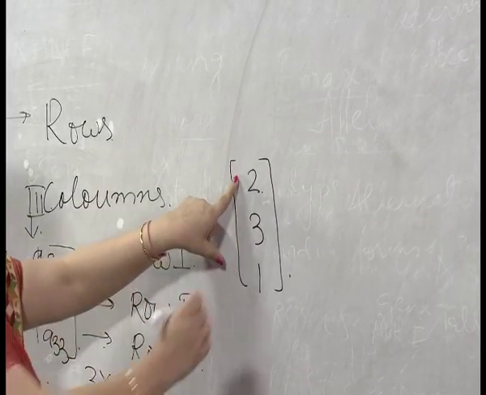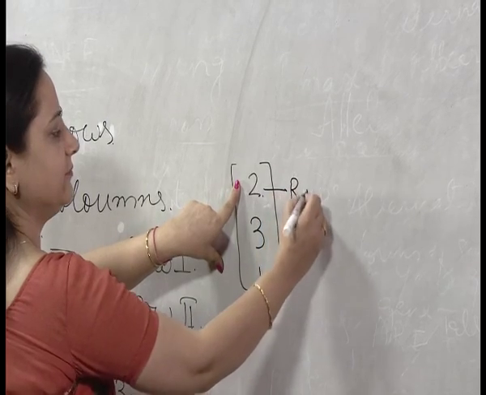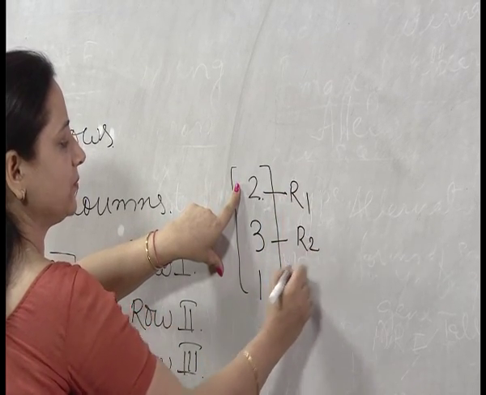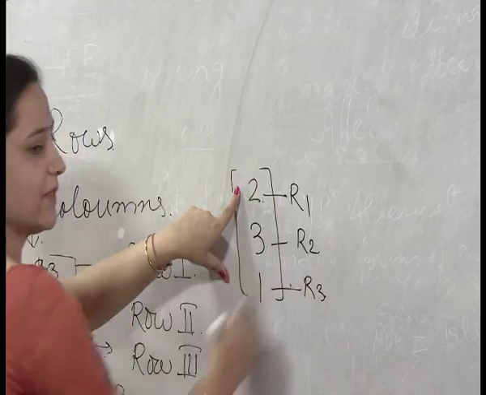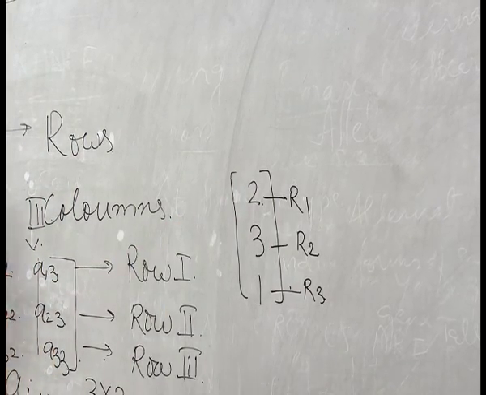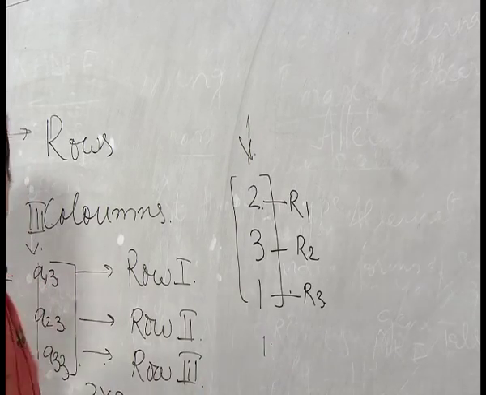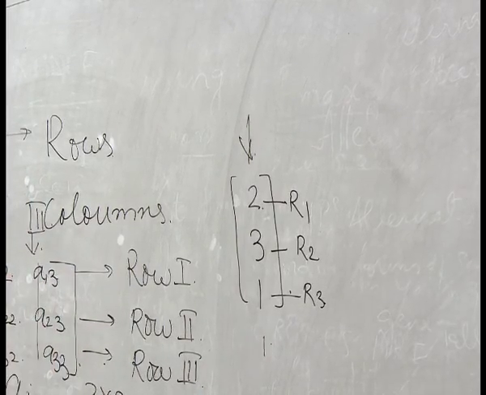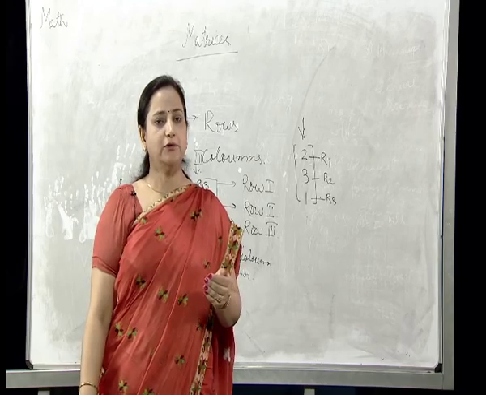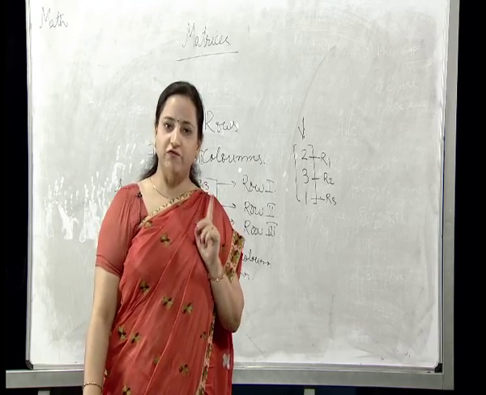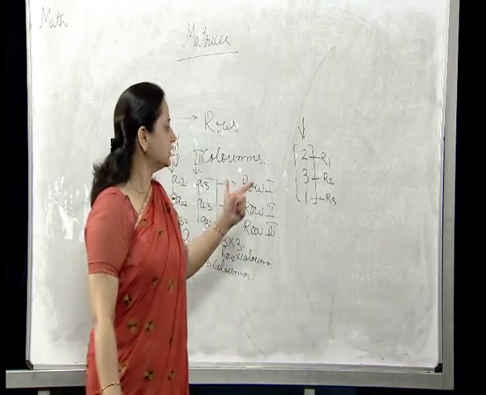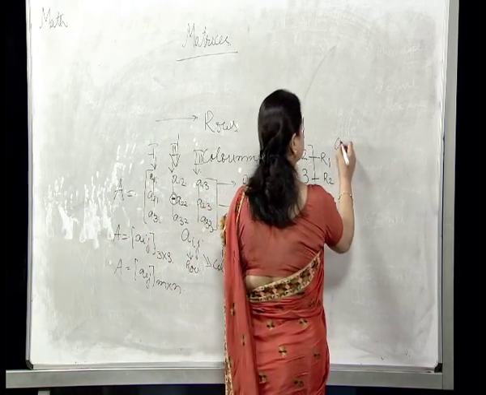It has 3 rows, R1, R2 and R3. And how many columns does it have? It has only 1 column. That means if a matrix has n rows and only 1 column, it is called a column matrix.